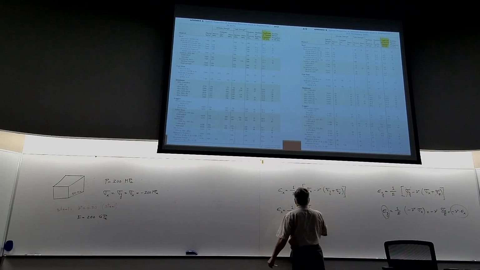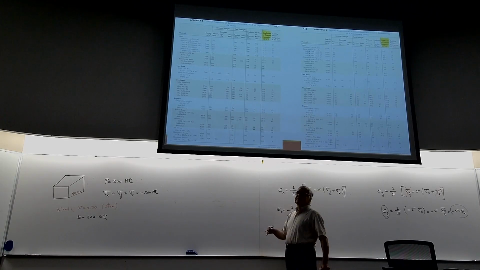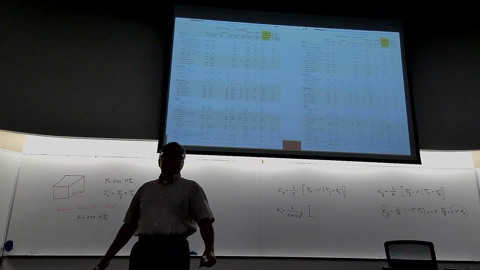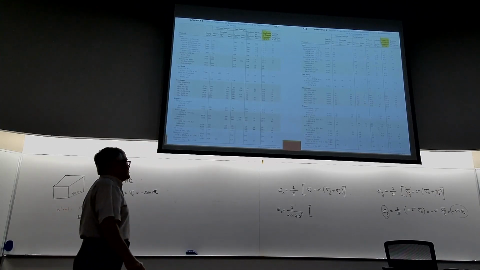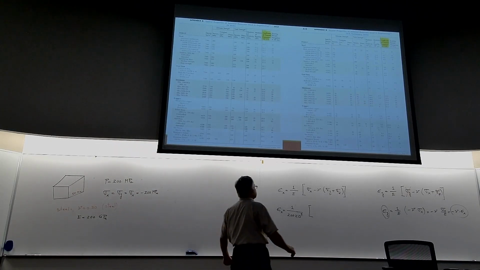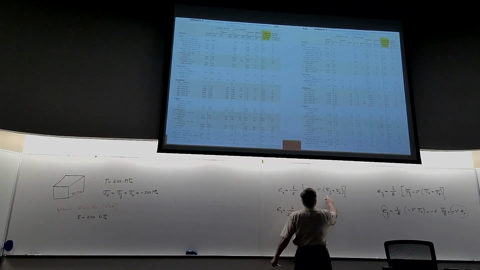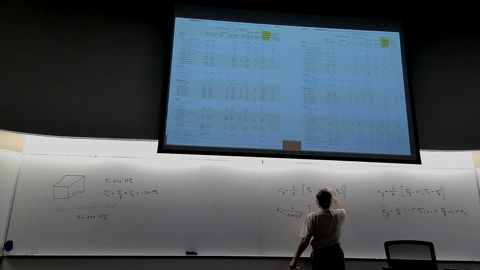All sigmas are the same, and they're all negative 200 megapascal. So instead of doing that conversion 3 times, these are no longer crossed out.